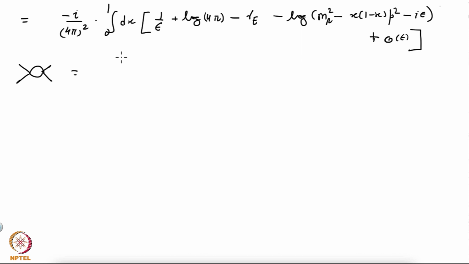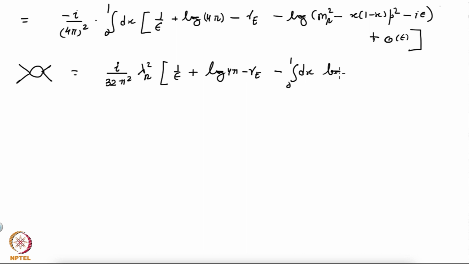It gives you I over 32 pi square lambda r square times 1 over epsilon plus log 4 pi minus Euler gamma, and this term minus integral 0 to 1 dx log of mr square minus x(1 minus x)s minus epsilon.